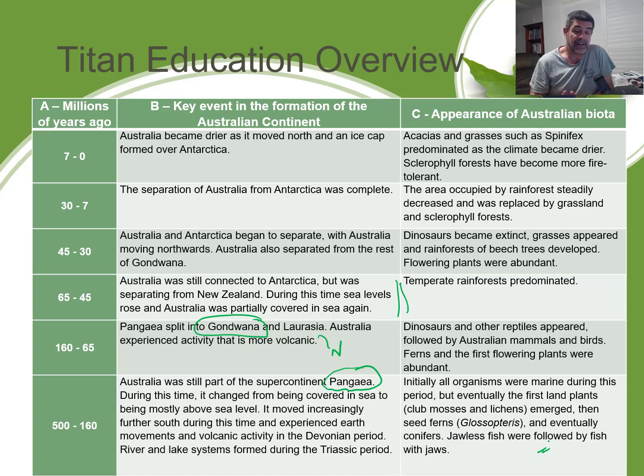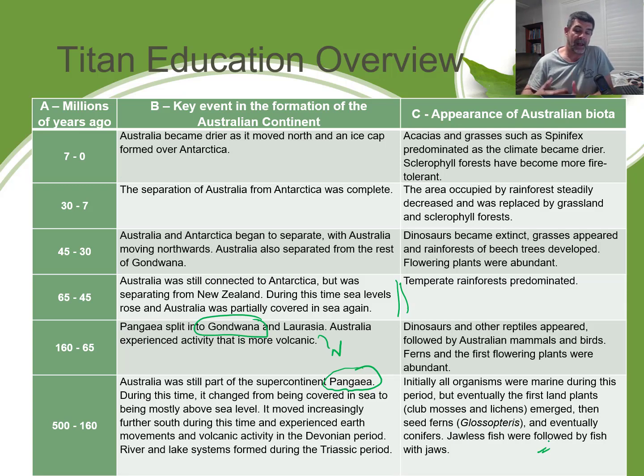In the 65 to 160 million years ago, that's partly overlapping with the age of the dinosaurs. So we do find dinosaur fossils in Australian rocks. In fact, there's quite an interesting and unique group of dinosaurs that we found from Australian rocks.